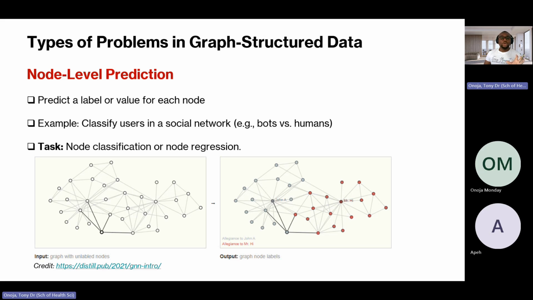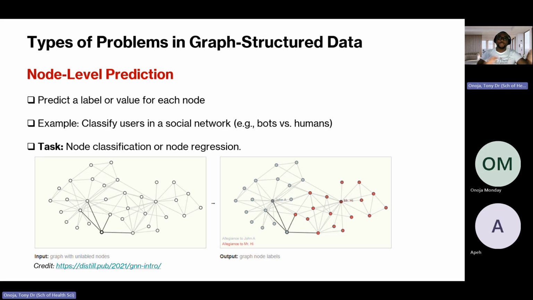When you feed the whole unlabeled node into the network, you're going to be predicting, for example, where these particular individuals could be and where these other individuals could be. So you're basically going to be looking at the relationship that exists based on the neighborhood. You look at all the neighborhood around that particular node.